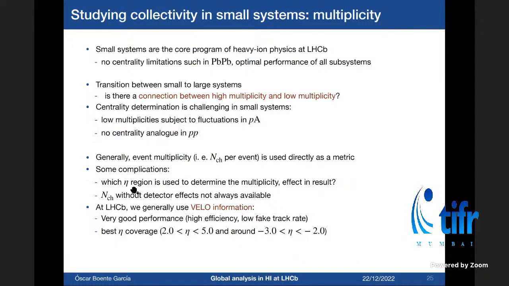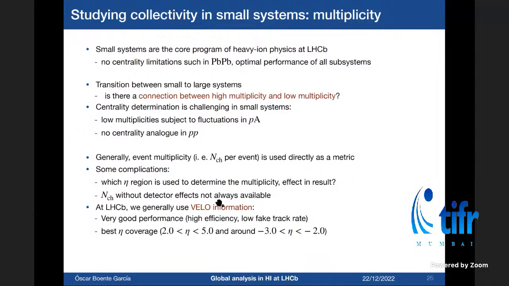Some complications: one is which pseudorapidity region is used to determine the multiplicity, because it has been seen that this has an effect on some results. Also, the number of charged particles without any detector effects is a quantity that needs to be obtained, and it's not always available.